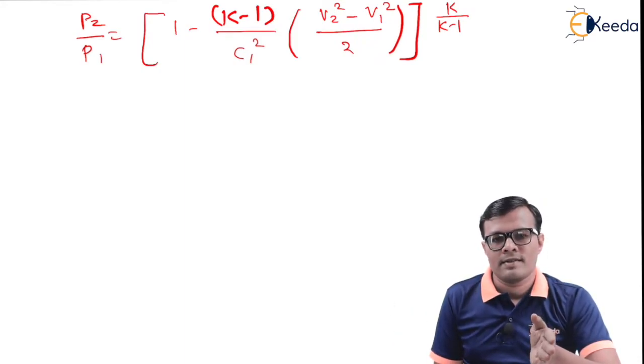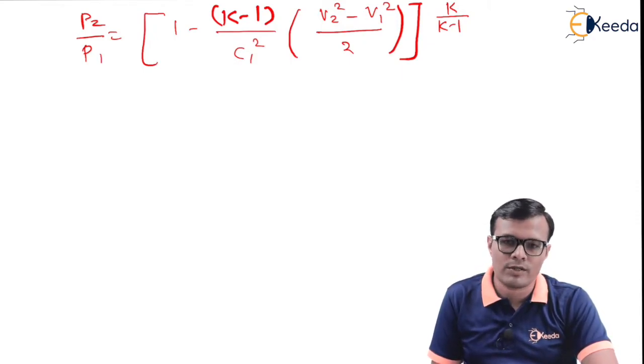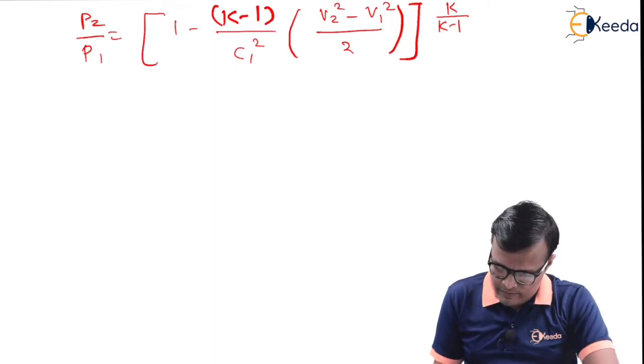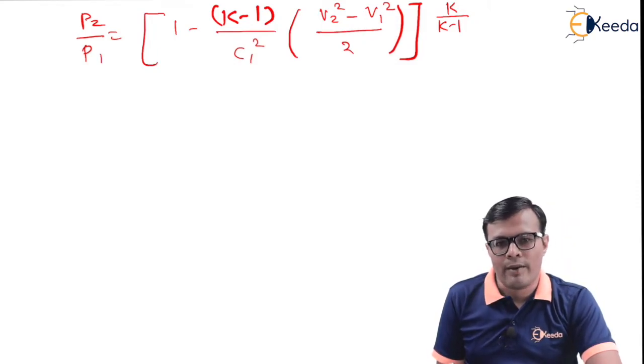If we want to simplify, then in that case we will have the ratio V2 square upon C1 square as well as V1 square upon C1 square. That ratio is nothing but the Mach number square, M square.